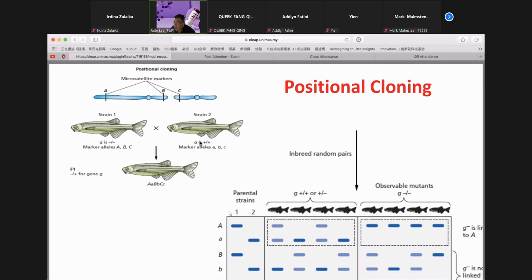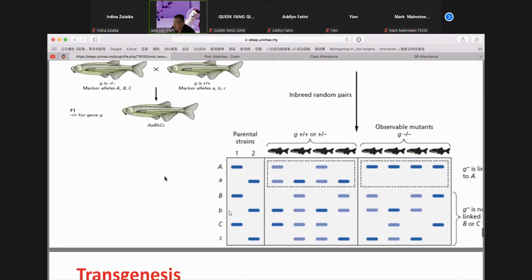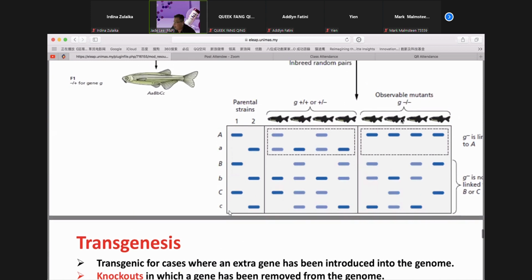Ya, kita keluarkan dan kita kawinkan dia, kita matkan dia dengan yang normal itu dan kita dapati di sini ialah kita ada A besar, A kecil, B besar, B kecil, C besar, C kecil. Dan lepas tu kita boleh check dia punya genotype dia di sini. Ya, so di sini kita dapati ada yang sudah hilangkan di sini. Ya, ada missing point dia di sini kan?